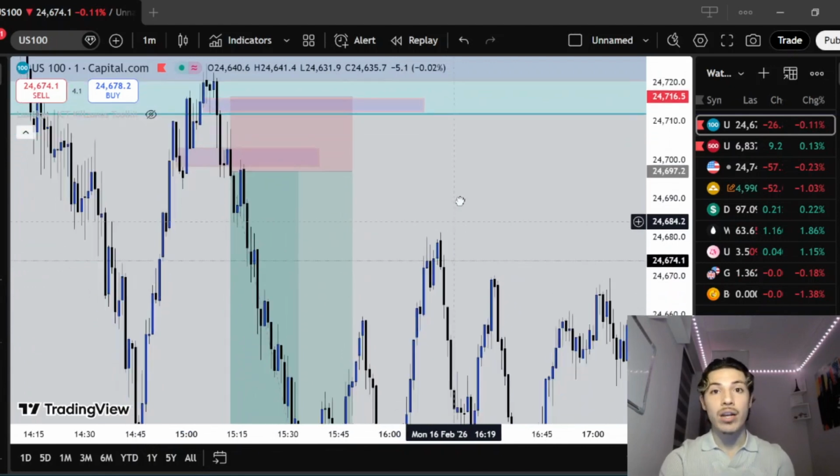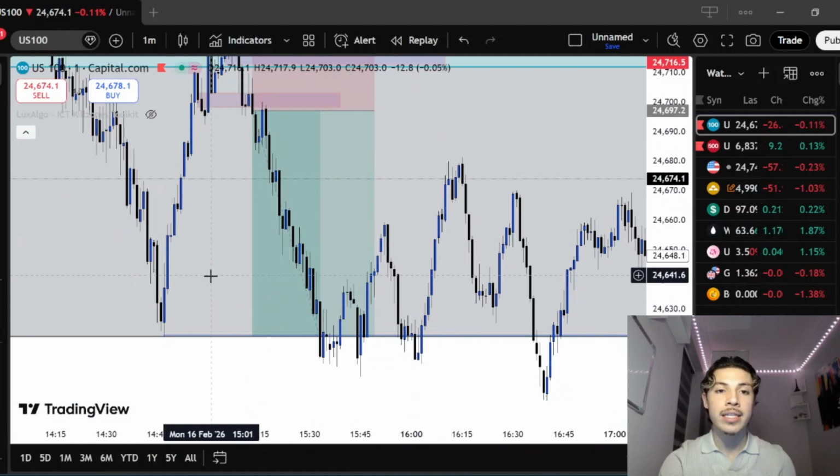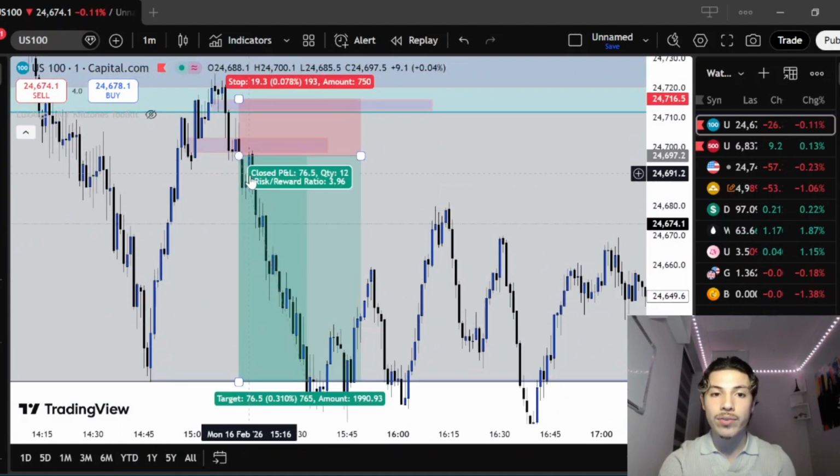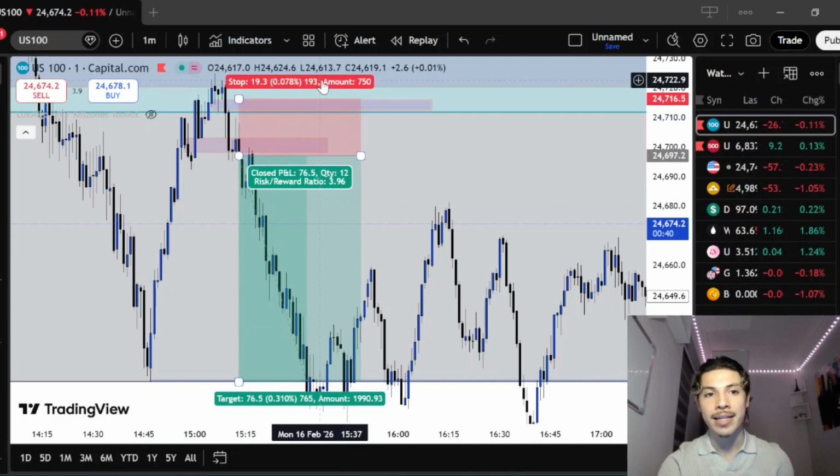I then look to target this swing low, which is this draw on liquidity, and bang, swift, beautiful, clean sell-off, very quick trade. And that is exactly how to use equilibrium to take trades like this.